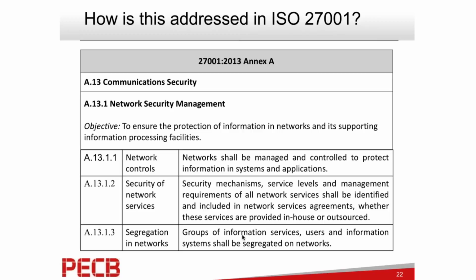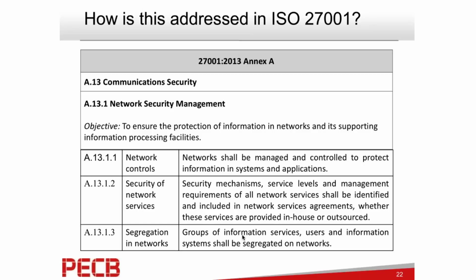In Annex A of the 27001 2013 version, that's the control objective: ensure the protection of information in networks and its supporting information processing facilities. It has sub-controls, 13.1.1, network controls.